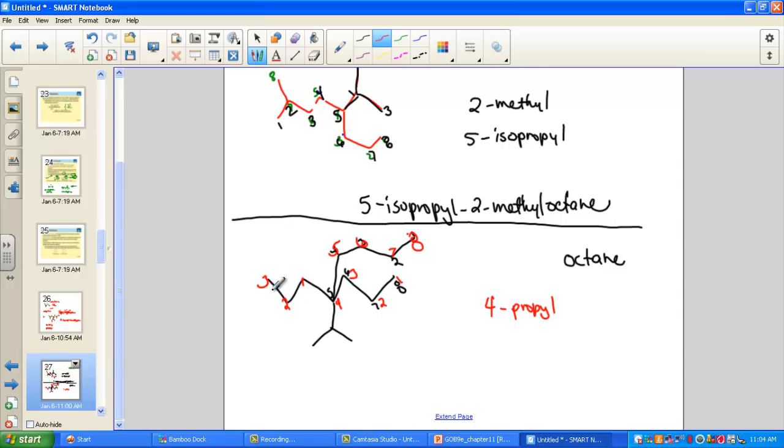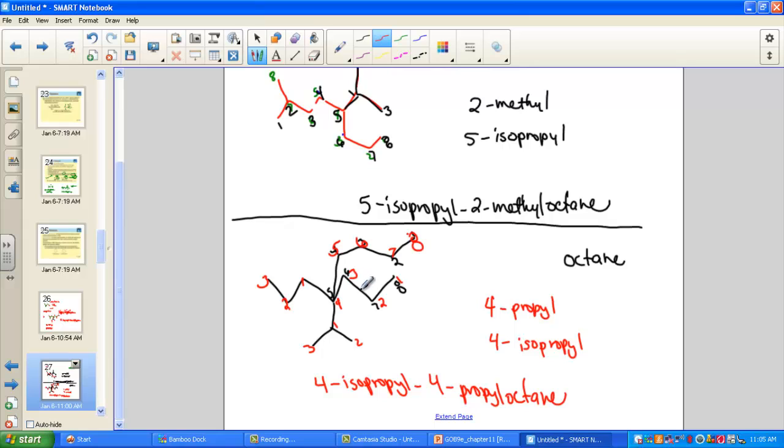So it's just 3 carbons in a straight chain, so propyl. But also we have this isopropyl group here at carbon 4. Again, 3 carbons, but in a branch format, so that is isopropyl. So when I name this, iso gets preference because of alphabetizing. 4-isopropyl-4-propyl-octane.